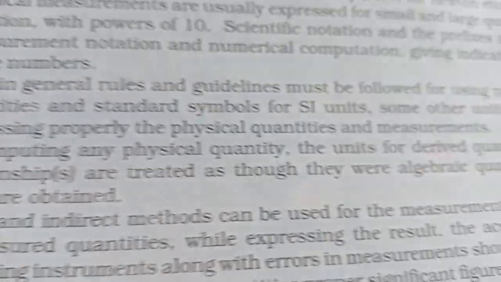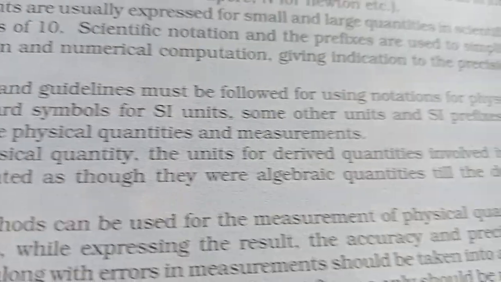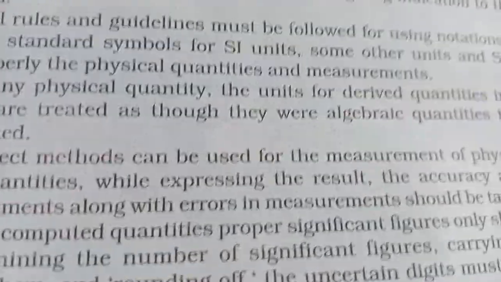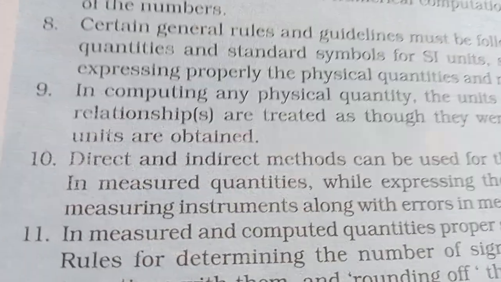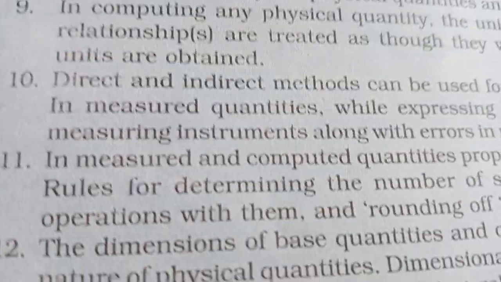Certain general rules and guidelines must be followed for using notations for physical quantities and standard symbols for SI units, and some other units and SI prefixes, for expressing properly the physical quantities and measurements. In computing any physical quantity, the units for derived quantities involved in the relationships are treated as though they were algebraic quantities till the desired units are obtained.